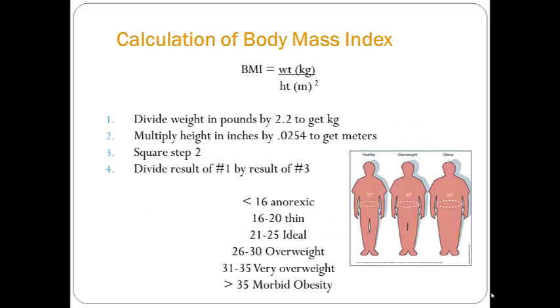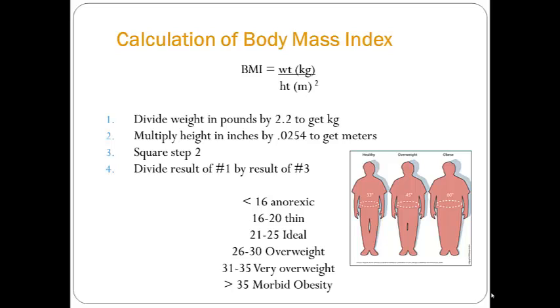Hurley Medical Center and many of our clinical affiliate partners do bariatric surgery. When doing bariatric surgery, it's not uncommon for the patient's body weight to be expressed in terms of body mass index. The formula for body mass index is the patient's weight in kilograms in the numerator, the patient's height squared in meters in the denominator.